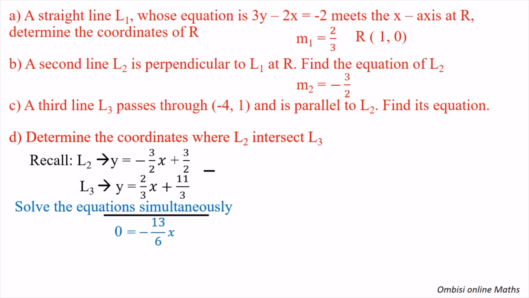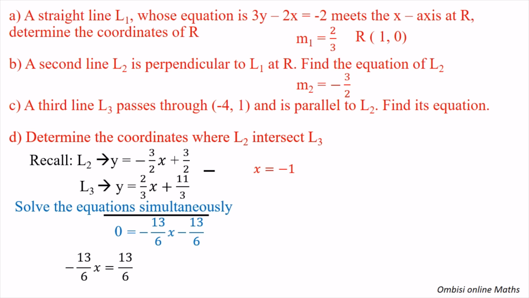Then next, 3 over 2 minus 11 over 3, and this one you get negative 13 over 6. Add negative 13 over 6 on both sides, and you end up with negative 13 over 6x equals 13 over 6. So solve this one and find the value of x equals negative 1.